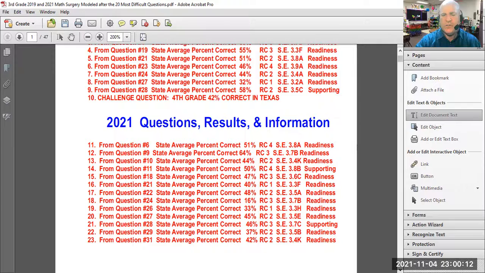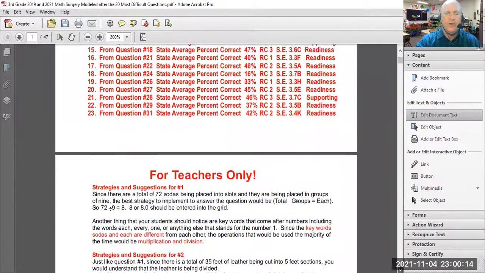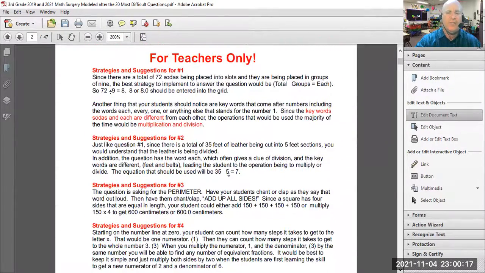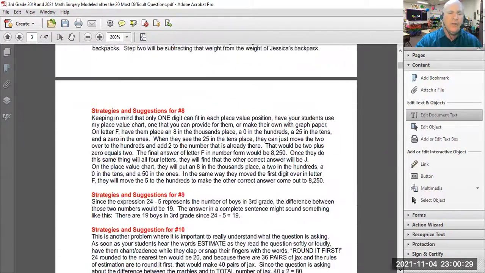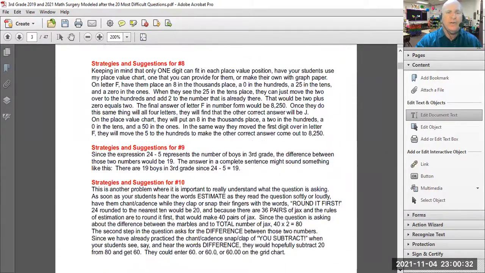So when you first see it, for you 3rd grade teachers, for some of you who might be seeing me for the first time, I give you suggestions and strategies for both the 2019 and the 2021 test. Here it is for 2019.